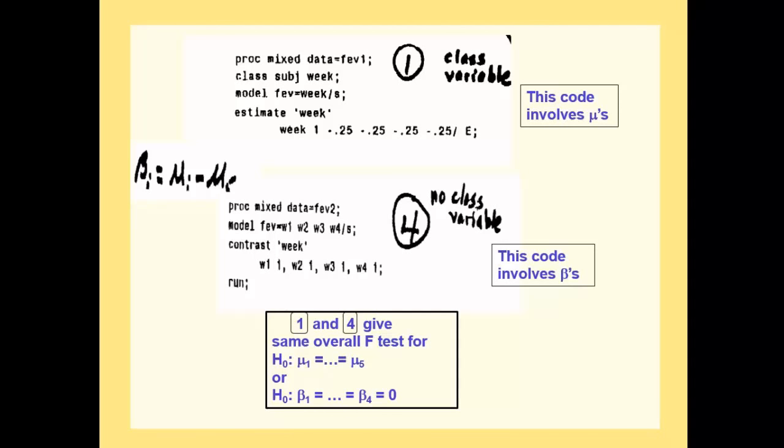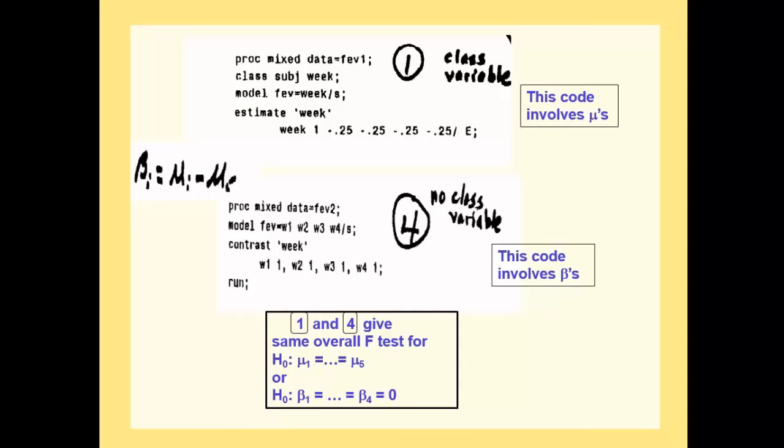Now, it turns out that if you want to test whether the coefficients of those 4 variables are all equal and equal to 0, you can't do it without putting a contrast statement in there. Because these 4 variables are listed separately. They're not one variable, like week. They're separate variables.